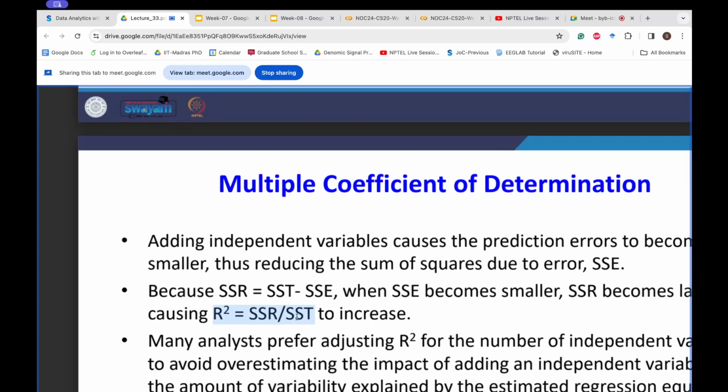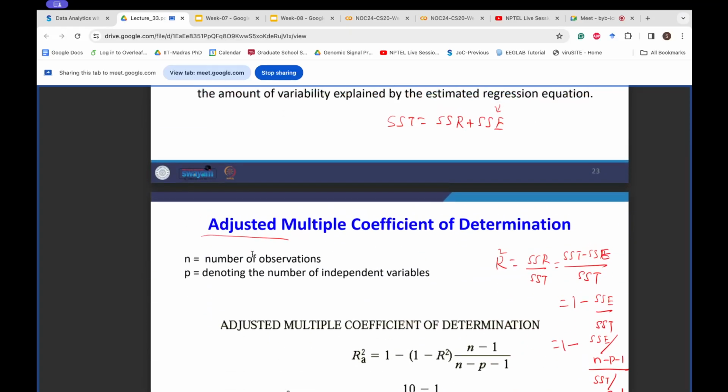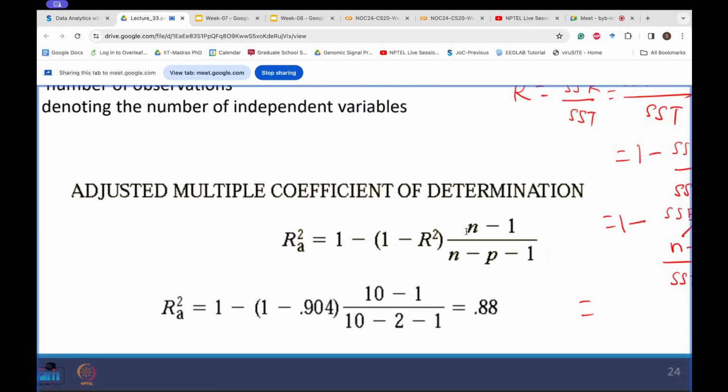Okay, but in statistics, to avoid any overestimation of this parameter r square, we normalize it with respect to the number of independent variables. So this is the formula that is used for adjusted r square.